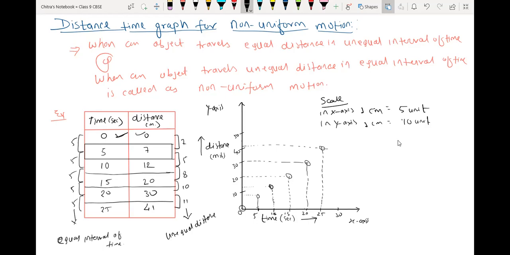We'll take one more value for 30: I am taking value 30, 50. So we have 50 here and 30 here. So here will be the point.